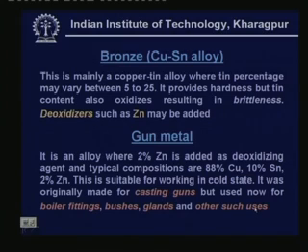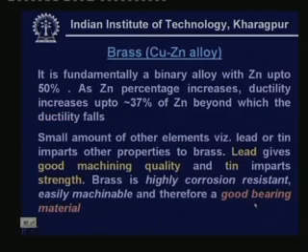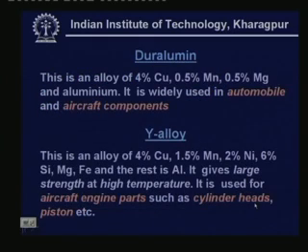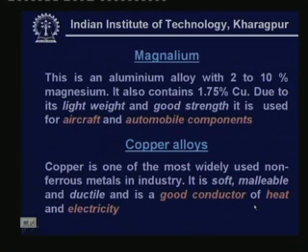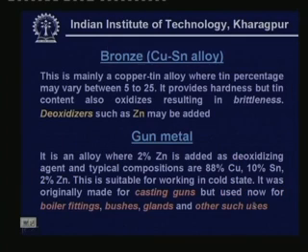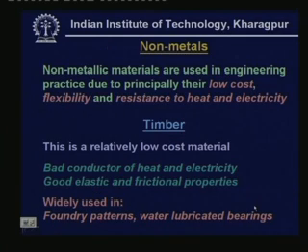So, now you have seen that for the non-ferrous metals, the important materials that come into the picture are aluminium, which has duralumin, Y alloy, and magnesium. Then we have the copper alloys, which are brass, bronze, gunmetal.